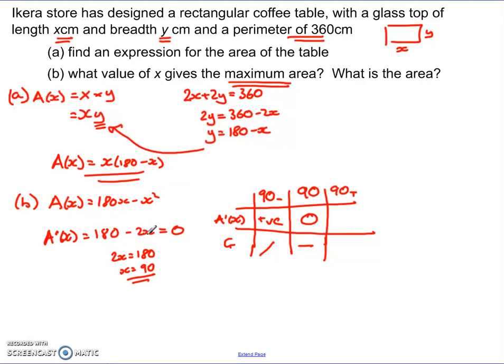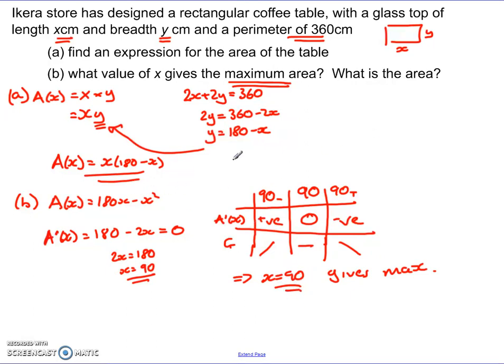So when I do 180 take it away, I'm going to end up with a negative value, which means it goes down. So I could say, therefore, x equals 90 gives the maximum. We've proven it. We've used our table of values to show that this is the maximum turning point, i.e. the maximum stationary point, the point that optimizes it the best. So x equals 90 gives that.